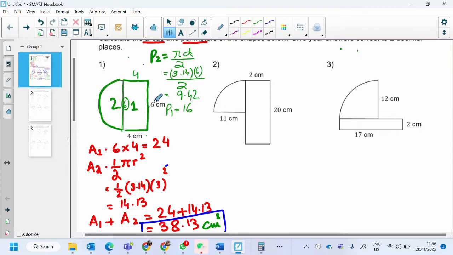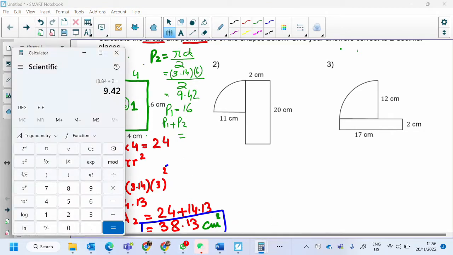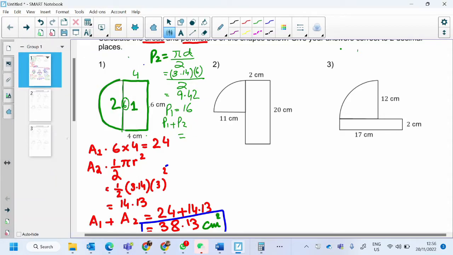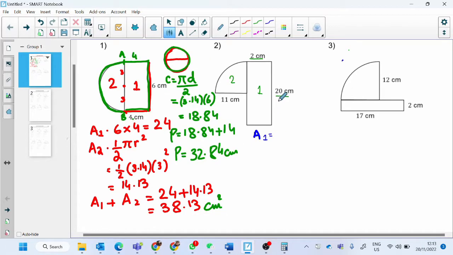Now the perimeter of the whole composite shape will be P1 plus P2, which is 9.42 plus 16, and this should give us 25.42 centimeters.